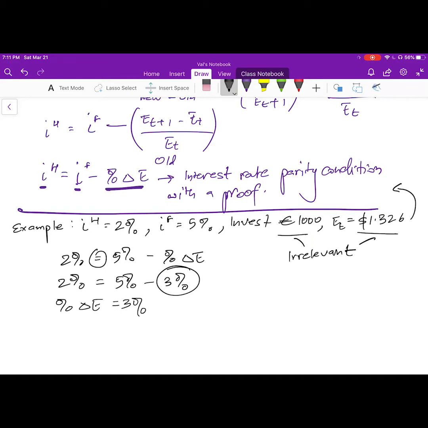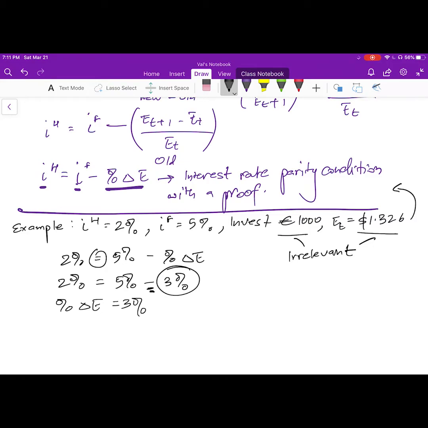because that's the only way this condition holds true, where 2% equals 5% minus 3%. That's the only way this condition holds true. How do we make sense out of this 3%? You see this minus sign here?